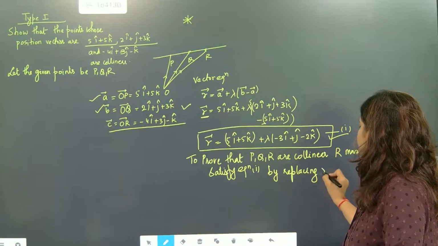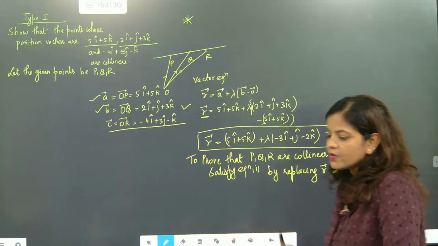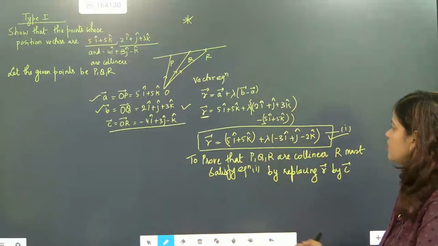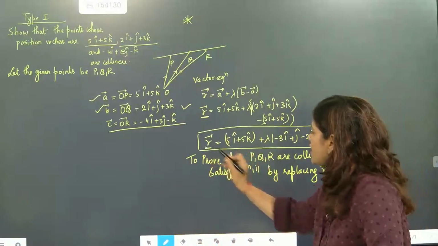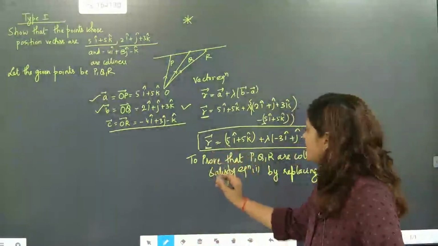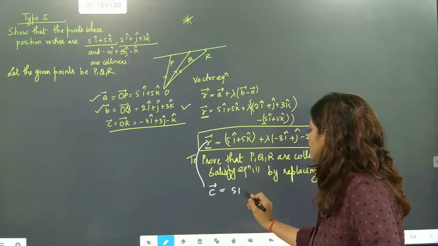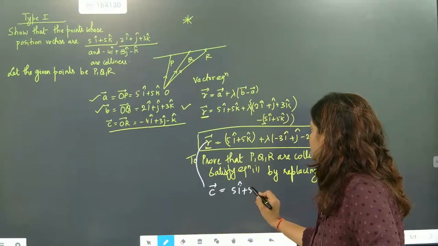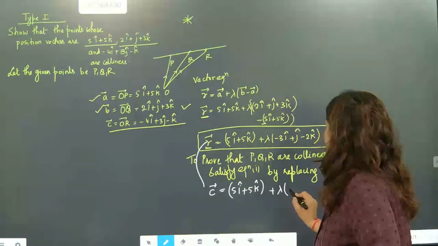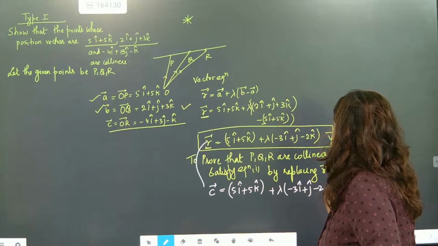So we will satisfy this by replacing R vector by C vector. We are going to replace R vector by C vector. Very slowly, solve it. So now in this part R vector is replaced by C vector. So now C vector is equal to 5i plus 5k, okay, plus lambda times (minus 3i plus j minus 2k).